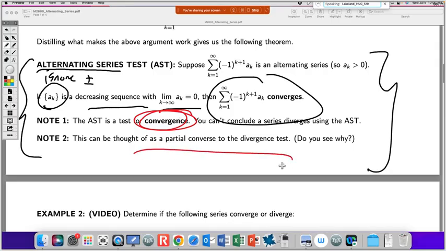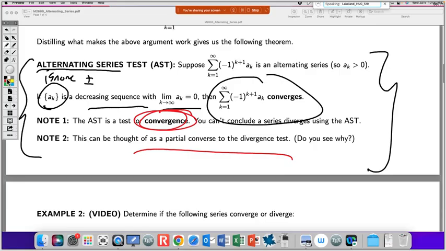That being said, this is a partial converse to the divergence test because we have the limit going to 0, but then you throw in 2 other conditions, and that'll give you that it converges. Because normally if the limit is 0, it tells you nothing. Well, here the limit is 0 plus a couple other things. You get converges.